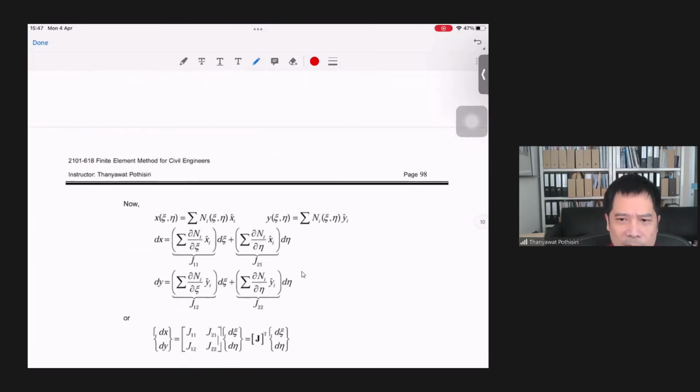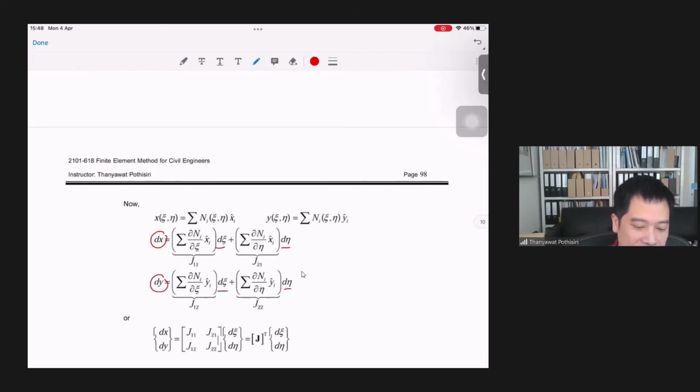Now, with this relationship between ds and dx, dy, you can approximate your dx and dy by the parametric coordinates that we have previously. Previously, you can approximate dx and dy in terms of d-xi and d-eta.